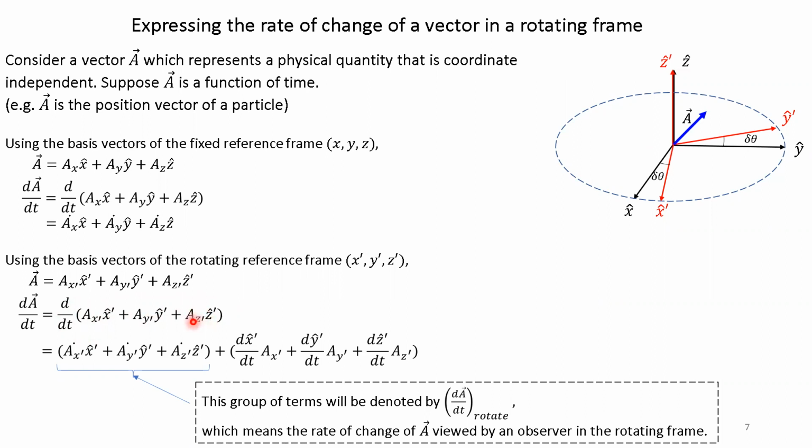At the end, I will have 6 terms in total. Then I will put these 6 terms into 2 groups. The first group is where the time derivatives are taken for the coefficients, and the second group is where the time derivatives are taken for the basis vectors.